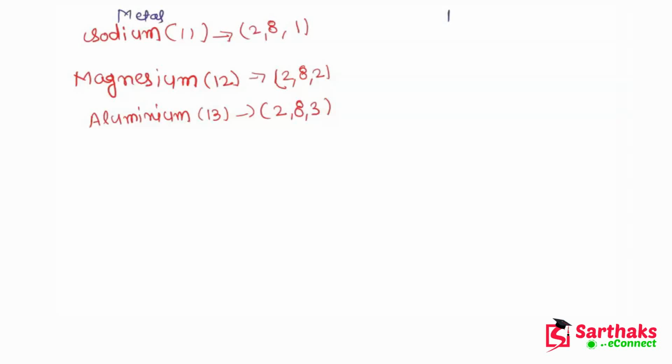Now, what about non-metal? So let me write some examples of non-metal. Let's suppose we have phosphorus. Phosphorus is a non-metal. So what is the electronic configuration? The electronic number of phosphorus is 15, and the electronic configuration will be 2, 8 and 5.